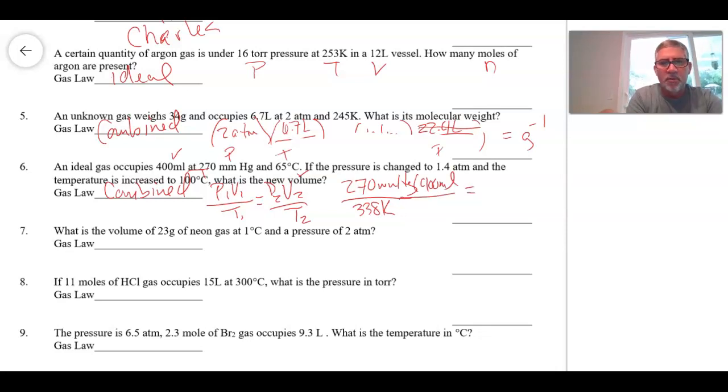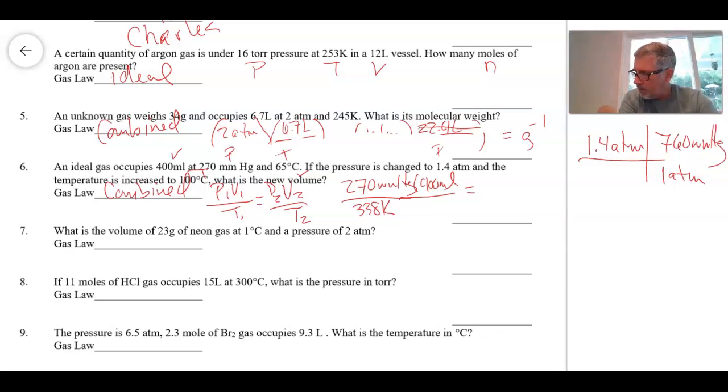P1 is equal to P2. So I have 1.4 ATM. I'm going to change my ATM to millimeters of mercury.